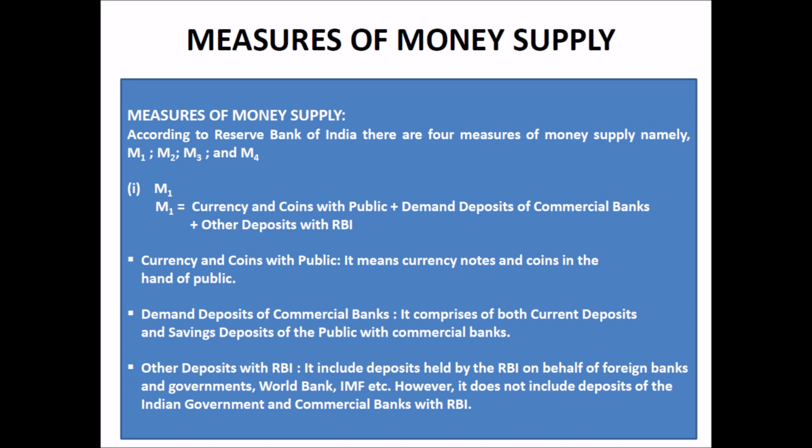And the third part, which is a bit new to us, is other deposits with RBI. What does other deposits with RBI mean? It has mainly two parts. The first part includes all those deposits made by foreign governments and banks with the RBI.